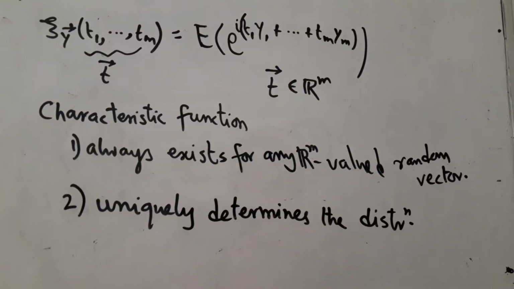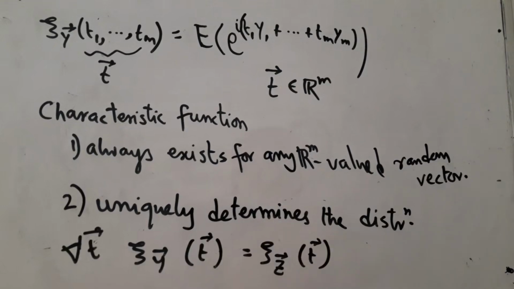By this I mean, if we have two random vectors y and z such that their characteristic functions match, then we can always say that y and z must have the same distribution, irrespective of whether they are discrete, continuous, has density, whatever. It is a perfectly general fact. Now we are going to use this in our multivariate normal setup.